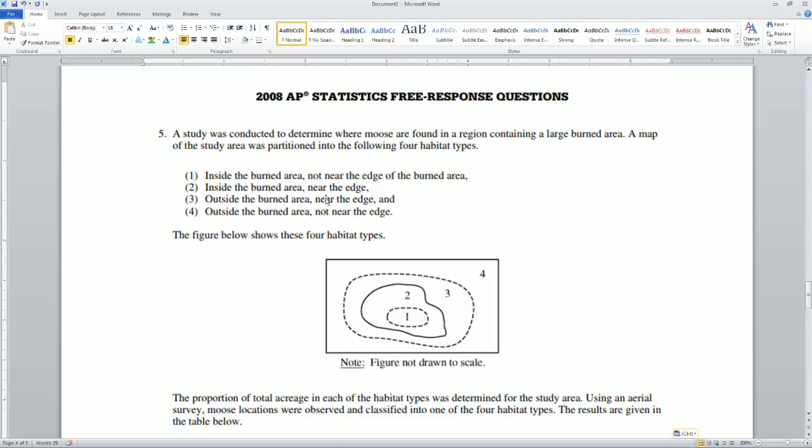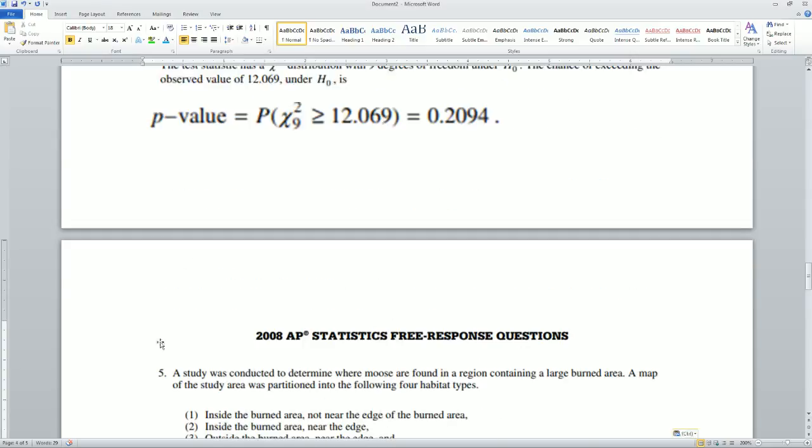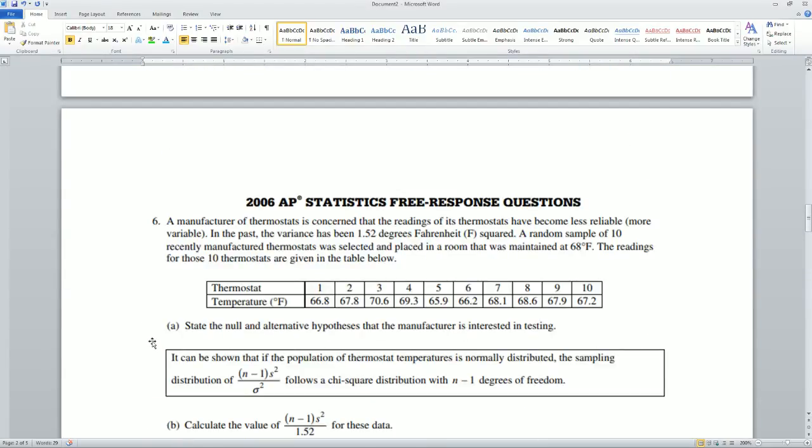So read the scenario out loud so I could hear it. I think there's still part E on that question. No, I looked through it. You could go over it by yourself, but it's not that important.